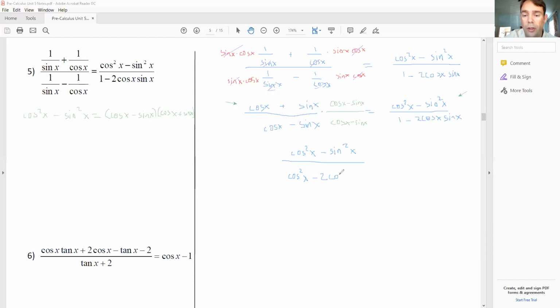So that's got that 2 cosine x sine x I needed. Plus sine squared x. And if you notice, friends, all we're doing here so far is primarily just algebra. Now we're using trig functions, but we're really just doing algebra. Do we recognize things? I've yet to do a single trig identity. Now that's going to change here in a second.